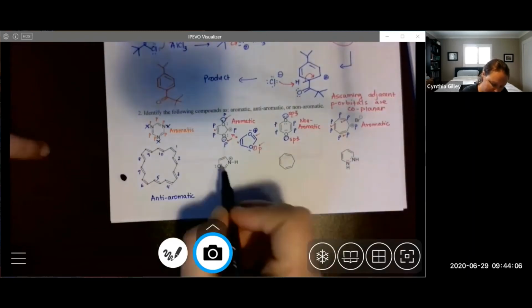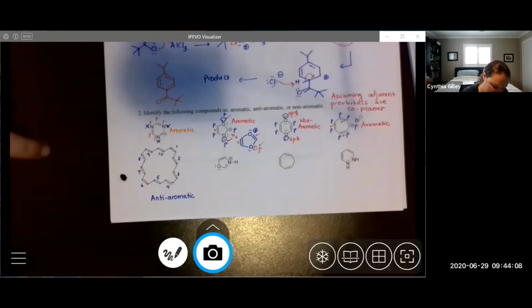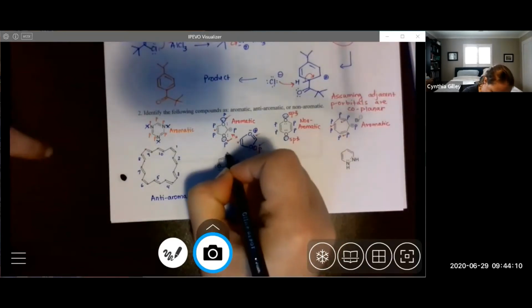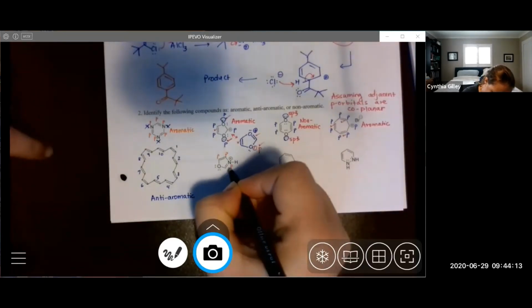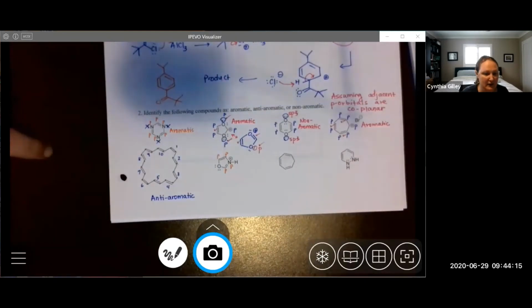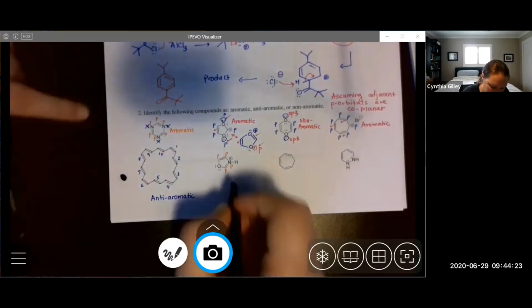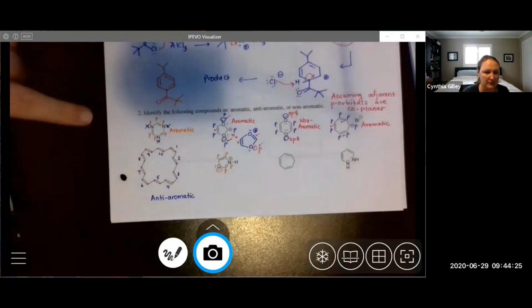Let's move on to this one. Everywhere you see a pi bond, there will be a p orbital. And then there's an oxygen atom with 2 lone pairs. So this is a situation where we have to think about whether or not one of those lone pairs might exist in a p orbital.